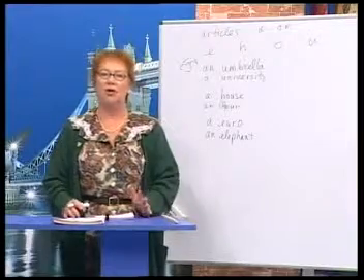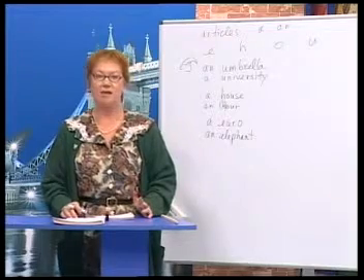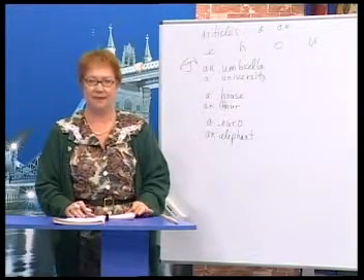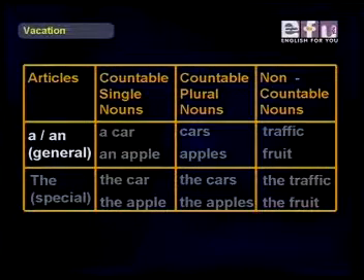Okay, now look at the screen and you can see a chart reviewing the articles. Notice we have articles, countable single nouns, that means one, countable plural nouns, 2, 3, 10, 20, and non-countable nouns. Look where we put a or an. First, a and an are general.